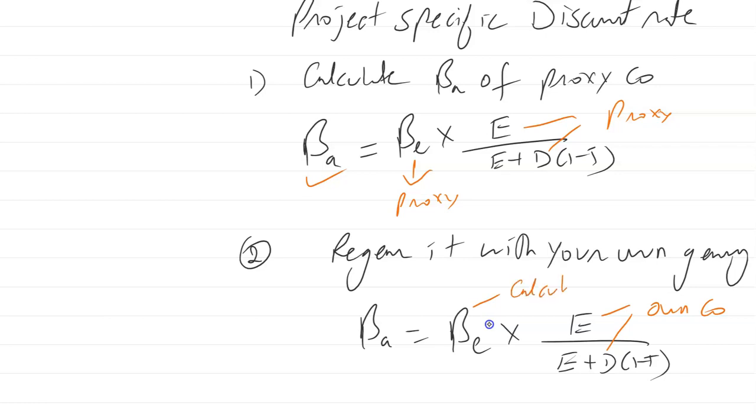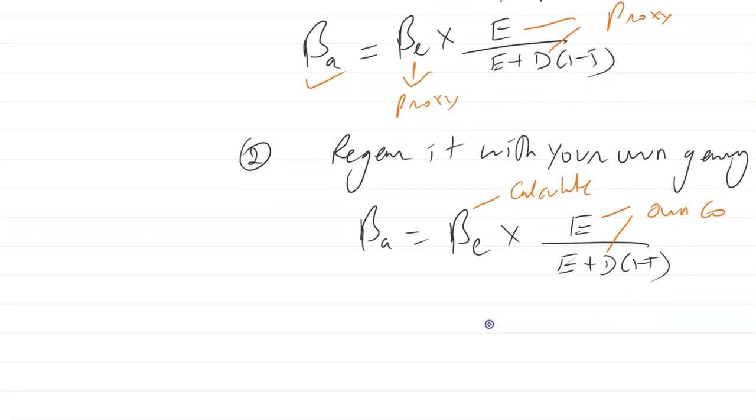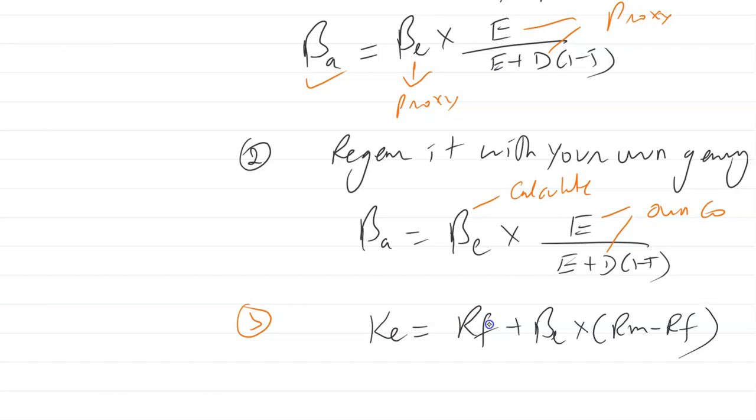Calculate this. Next, put this into CAPM to calculate cost of equity. Then put this into the WACC formula to calculate WACC. That's how you will solve project specific discount rate.